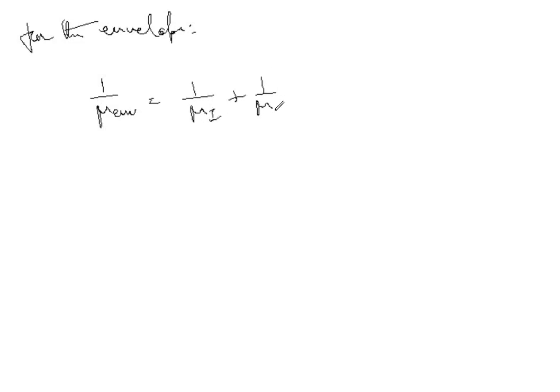Basically, for the envelope, we have 1 by mu envelope is equal to 1 by mu I plus 1 by mu E, and this is just x plus y by 4 plus z by A average, plus half of 1 plus x.